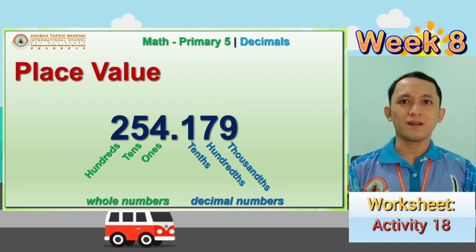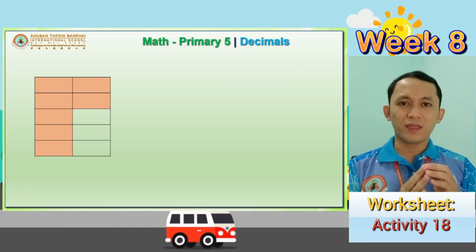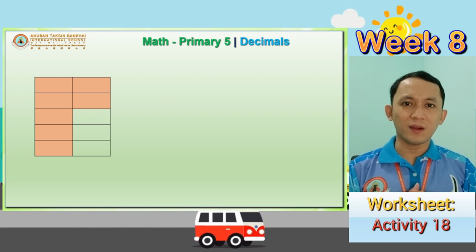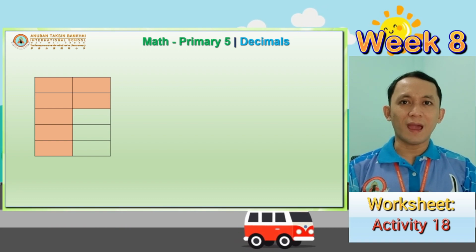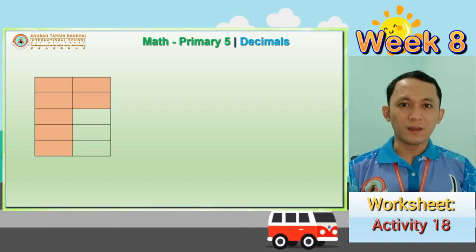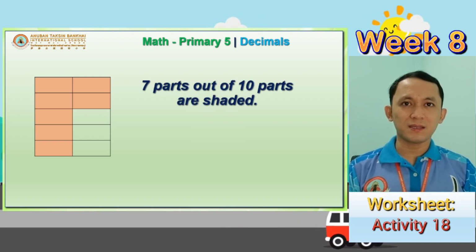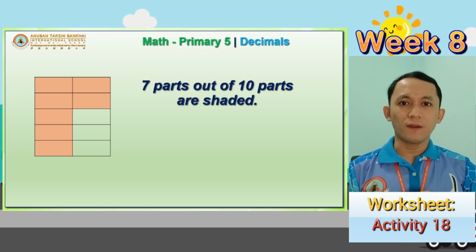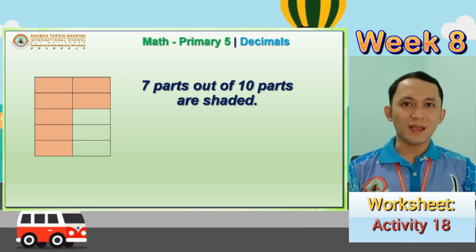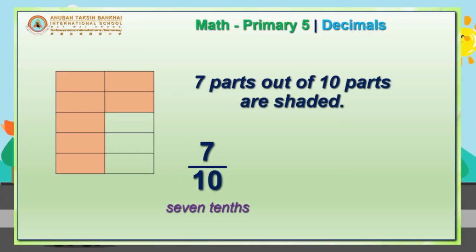Now let's discuss more about decimals. Let's have here an example. You could see we have a rectangle, and this rectangle is divided equally into 10 parts. You could see here that there are 7 parts that are shaded. So we can say that 7 parts out of 10 parts are shaded. If we write this as a fraction, we can write this as 7 tenths or 7 over 10.